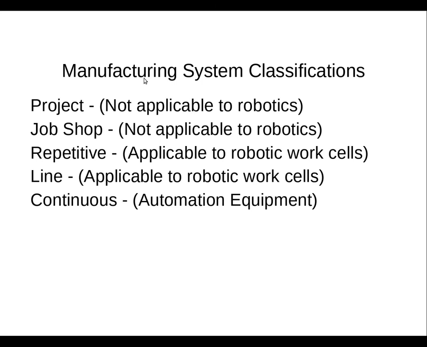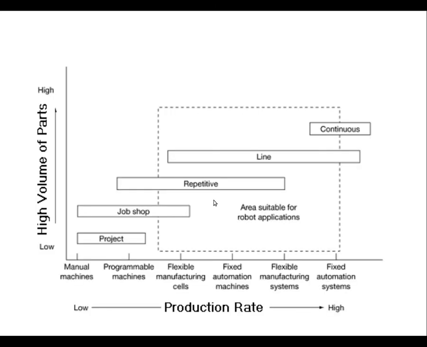A lot of times, if you're doing a lot of repetitive welding, like if you're building a bridge and you have to weld the girders together, then there are areas within that project where you may be able to do a lot of robotics. Similarly, job shops don't necessarily apply very well to robotics. The repetitive and line apply the best to a robotic work cell, and then continuous is just a hard automation thing.